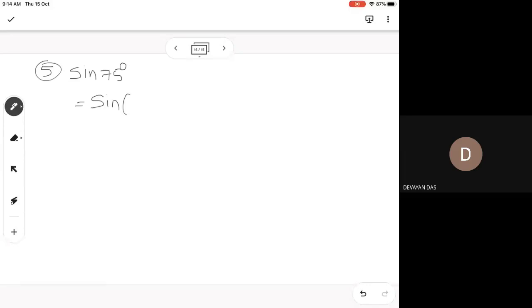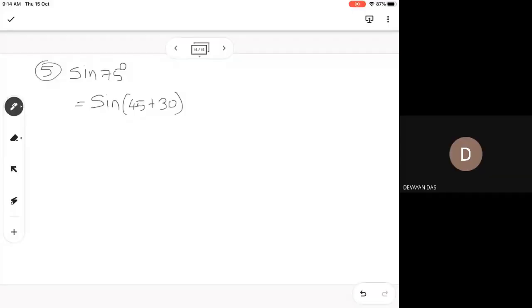So this is the sum in sin of x plus y. Sin of x plus y is equal to sin x cos y plus cos x sin y. This formula we are using here.